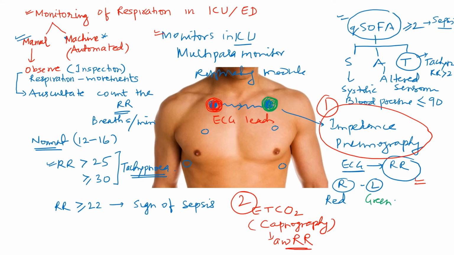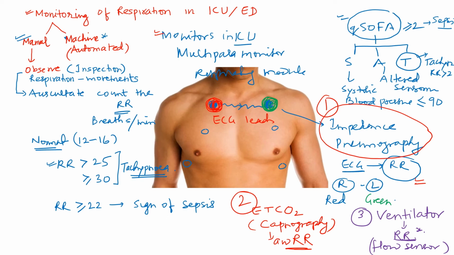Now the third technique is the ventilator technique. If the patient is on a ventilator, the ventilator will detect how much breath the patient is able to take. That is due to flow sensors. The flow sensors are there on the ventilator, so that will sense how much the patient is breathing. So that is also one more way to monitor the respiratory rate in ICU or emergency room.